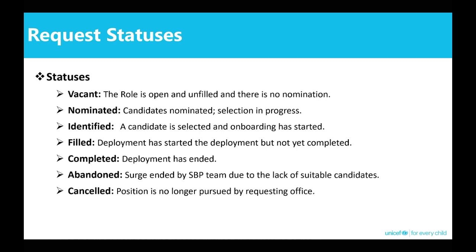But the important point here is that a cancelled request doesn't mean that the standby partner team hasn't taken any action. In fact, cancellations can happen at any stage of the search process, even when significant effort has already been made by a standby partner team and partners.